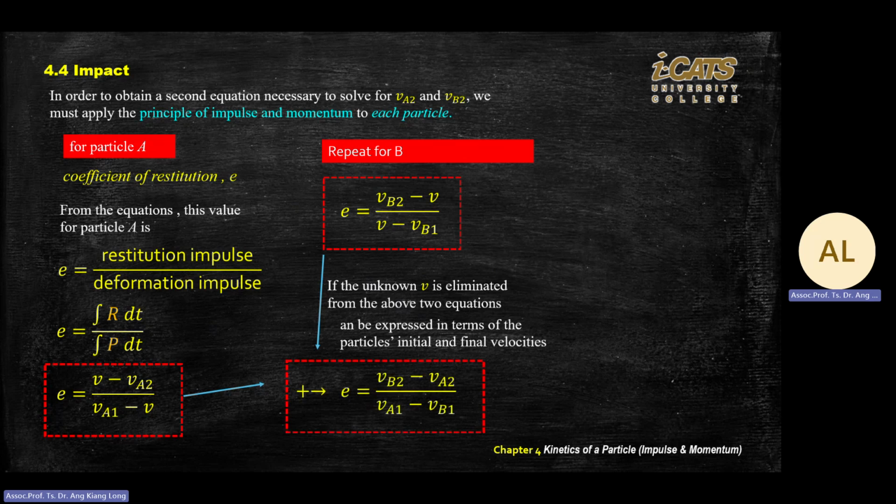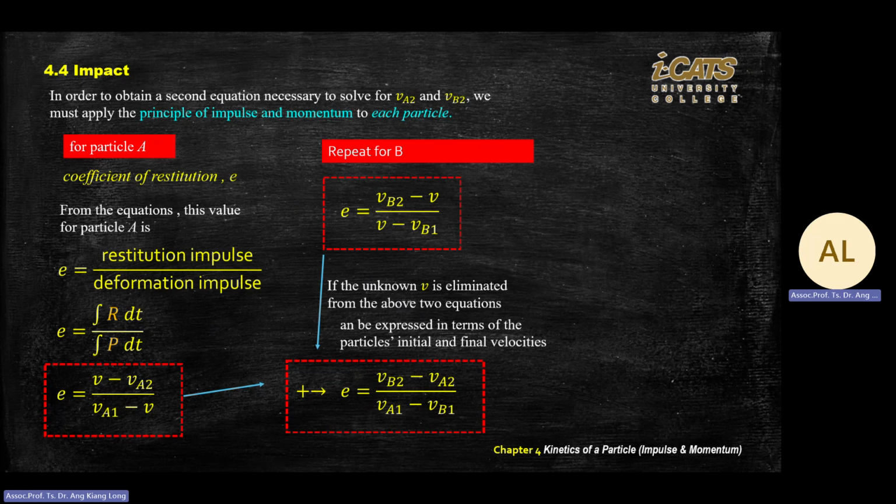Okay, if the unknown V is eliminated, so these two, if we don't know this V, because both equations, on the left and on the top one, have the unknown V, we can eliminate it by simultaneous equation and substitution. It's a long process.